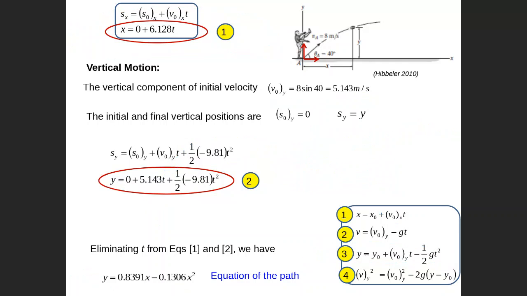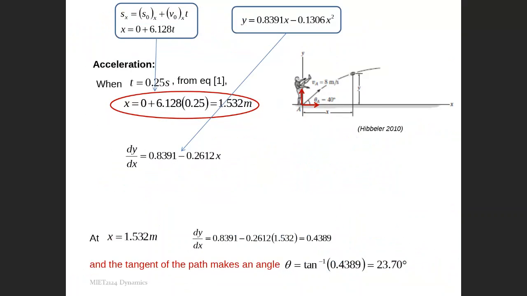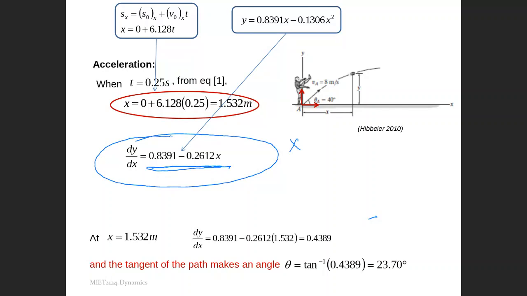Now we have to take the first x derivative of this equation. We take the first x derivative, and that's what we get. Now we have to substitute x at the instant when time is equal to 0.25 seconds. We can easily find it.